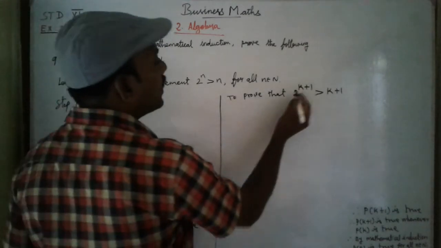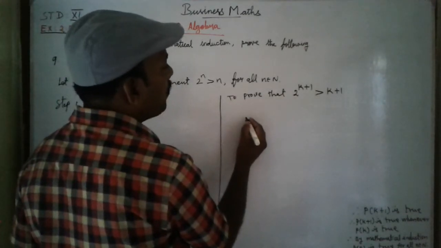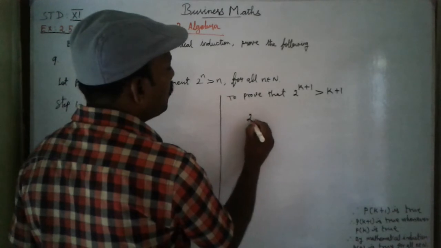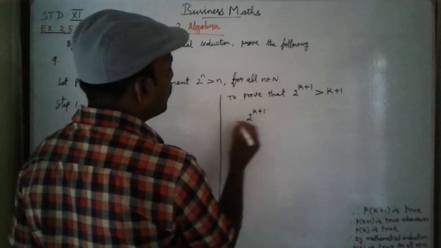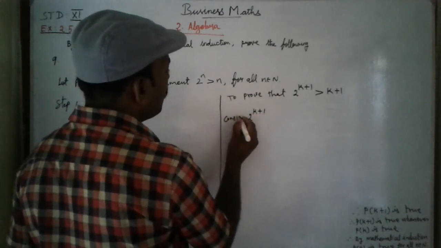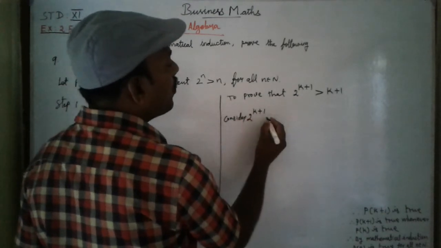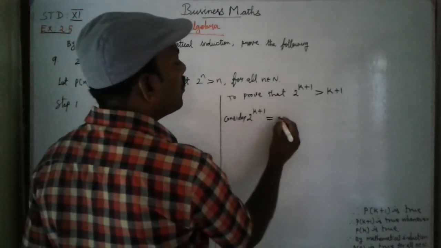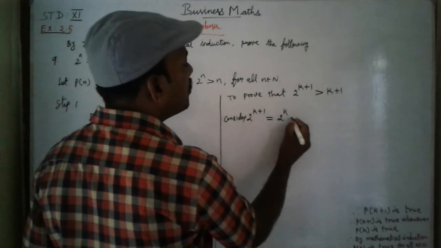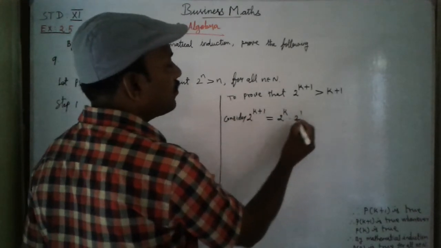The first one, we should take 2 power k plus 1. Consider 2 power k plus 1 equal to 2 power k into 2 power 1. So what is 2 power k?